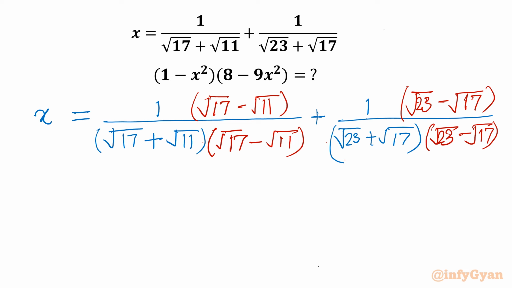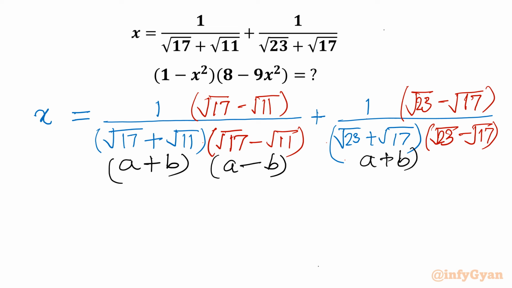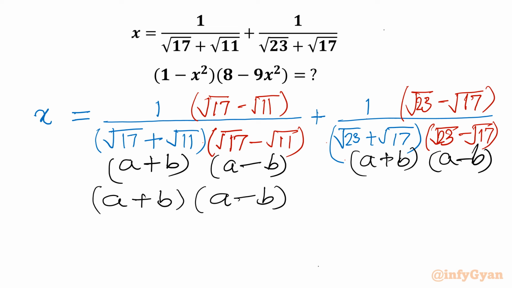Now you can see in the denominators we are having formation of the difference of two squares identity. Here also, it is a plus b, a minus b. So the identity is a plus b times a minus b equals a square minus b square. Let's apply.